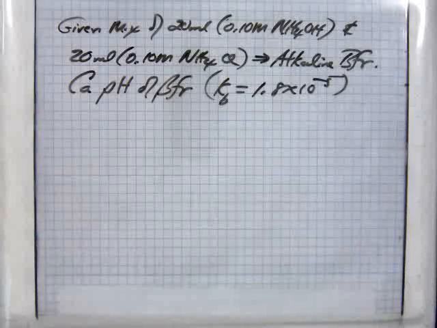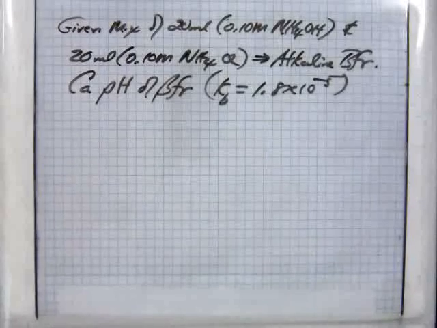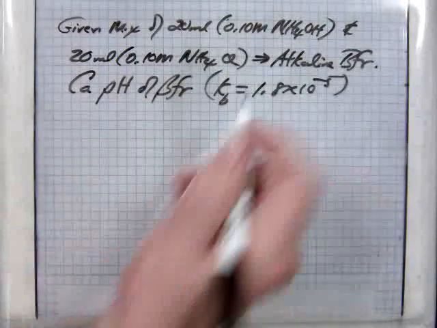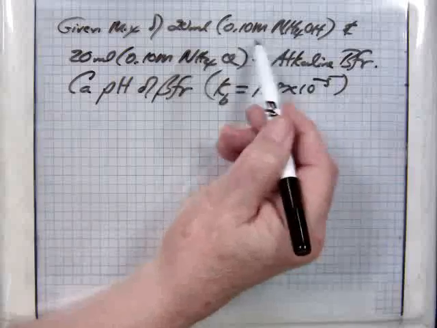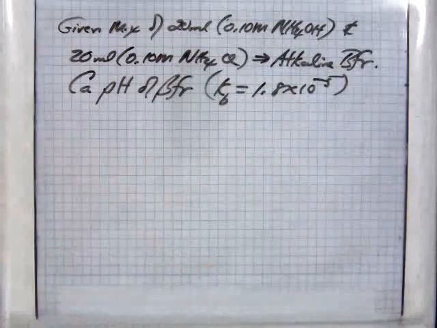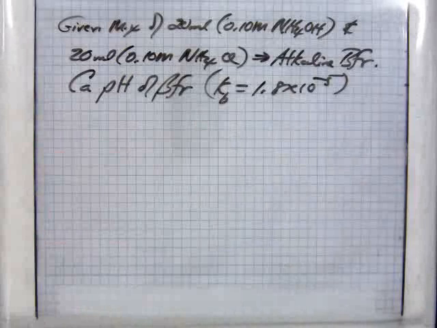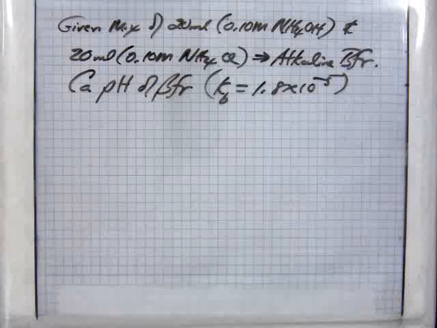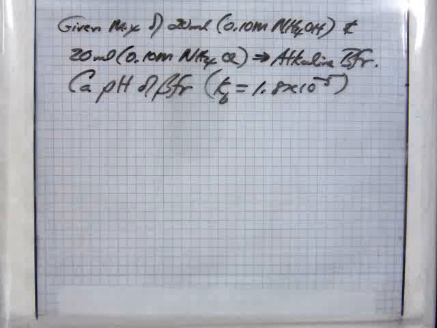Okay, so typically you are making a buffer in the laboratory, and you'll be given, say, an alkaline base in one bottle and an ammonium chloride solution in a second bottle, and they're both 0.1 molar, and so you will measure out 20 milliliters of each one into a beaker, okay, and then you apply whatever excess acids and bases that you're going to. But you've got to figure out what the original solution concentrations are.